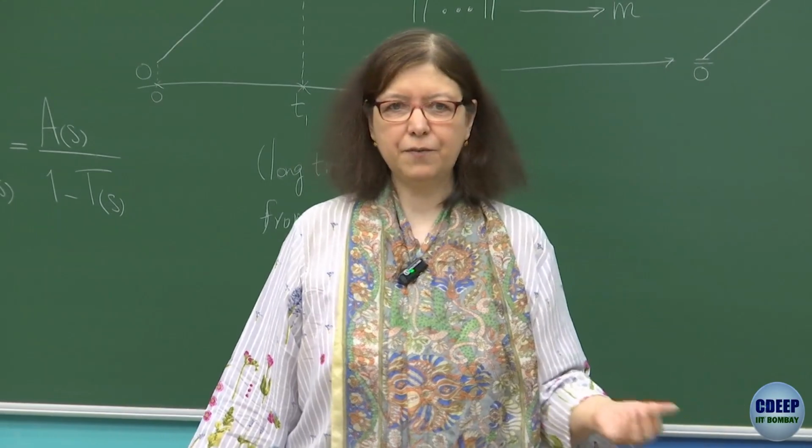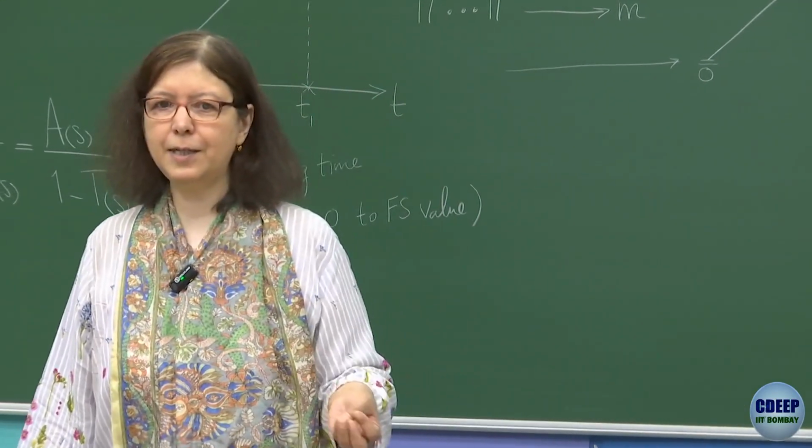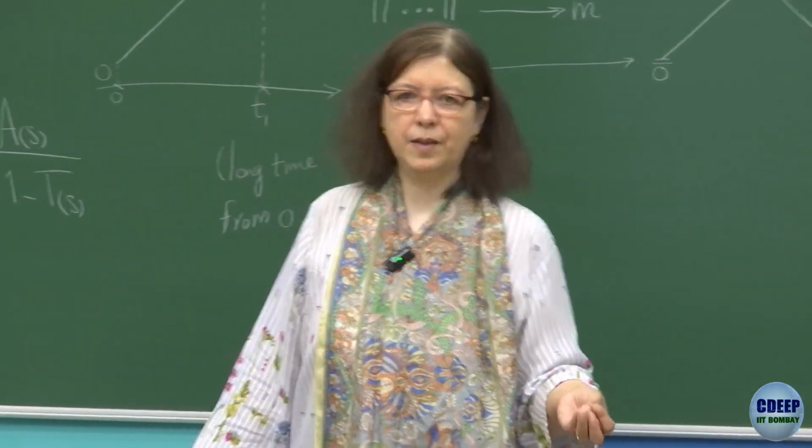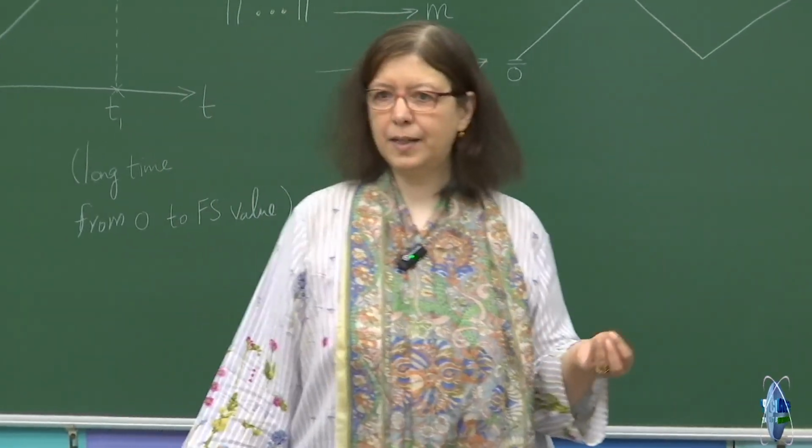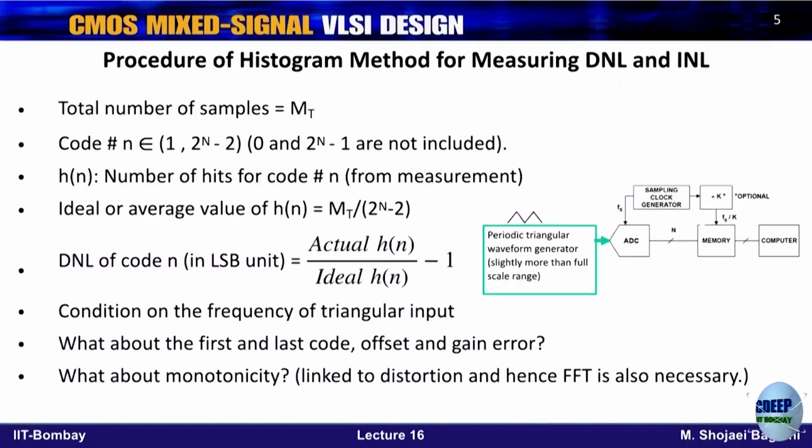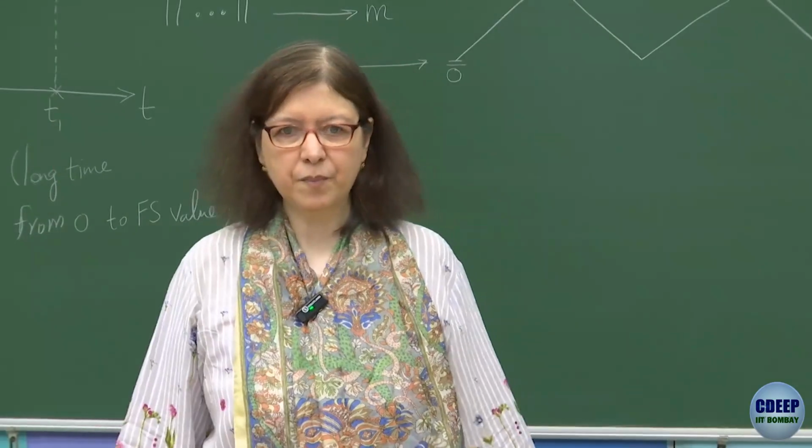So effectively, you will get the DNL from counting the actual number of hits for a given code compared to the ideal or expected h of n, which is mt upon 2 to the power n minus 2. This is sometimes also called the average value, meaning that on average we expect mt upon 2 to the power n minus 2 uniformly for all of them. But some of them reduce, some of them increase.